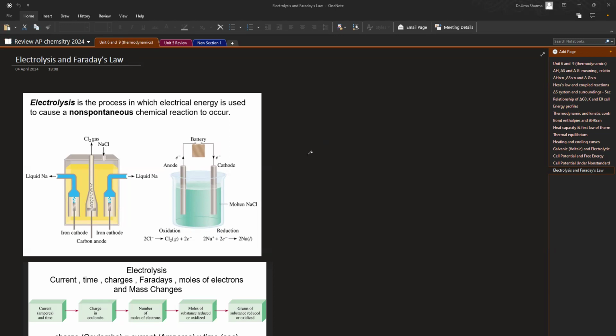So you already know what an electrolytic cell is. An electrolytic cell has only one container like this. Both the electrodes are in the same container. But these electrodes are connected through a battery. You're using electricity. Battery has two terminals, plus and minus.